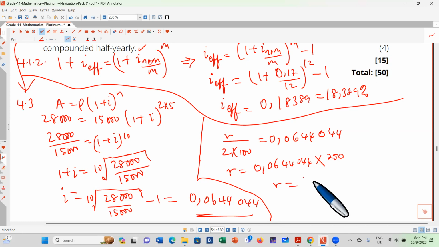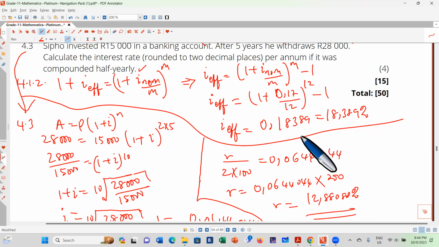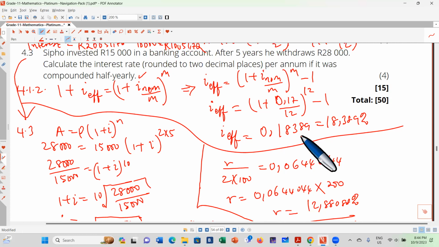What I'm getting here is 12.88088%. That is what we have. Because they said calculate the interest rate rounded off to decimal places per annum, compounded half yearly, the rate per annum is actually 12.88%.